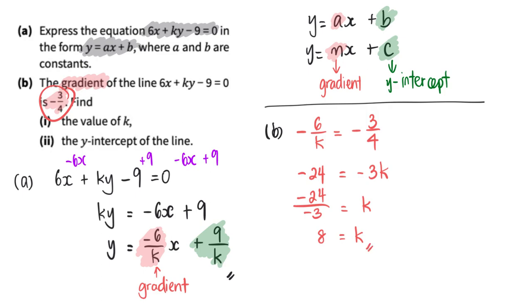And once I know the value of k, I can get my y-intercept easily. So my y-intercept will be equals to 9 divided by k, and my k is 8.